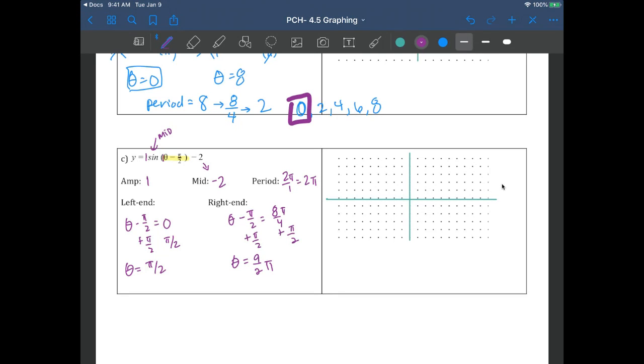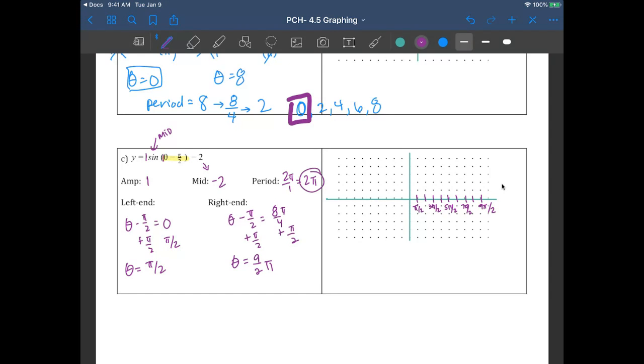Okay, so we're going to count up. I'm going to count by pi over 2s. 1, 2, 3, 4, 5, 6, 7, 9. So this is pi over 2, 2 pi over 2, 3 pi over 2, 4, 5 pi over 2, 7 pi over 2, 9 pi over 2.